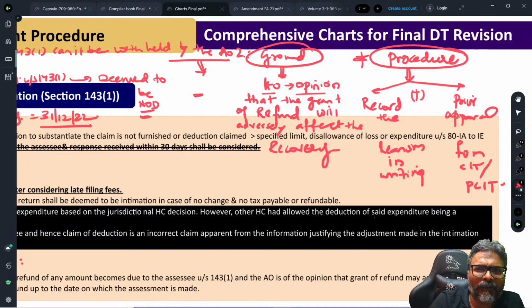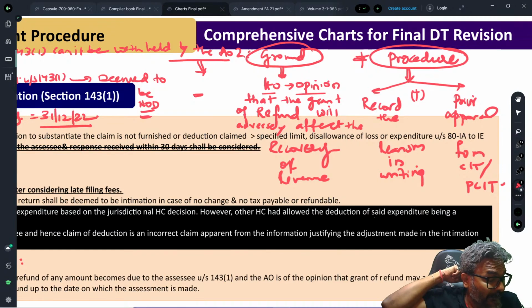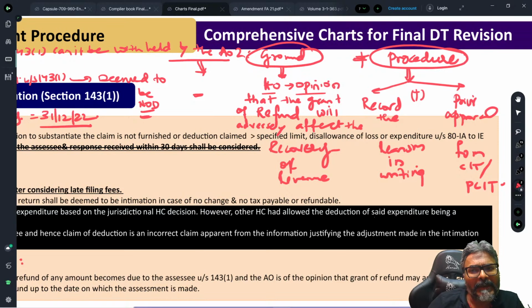So what is the ground and what is the procedure? The ground in this case would be that the AO should be of the opinion that the grant of the refund will adversely affect the recovery of revenue. And the second is the procedure, which is that the AO will have to record the reasons in writing, and thereafter, students, with the prior approval taken from the CIT or the PCIT, he definitely can withhold the refund.